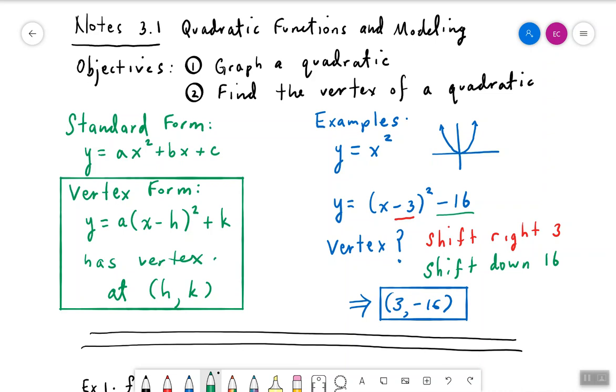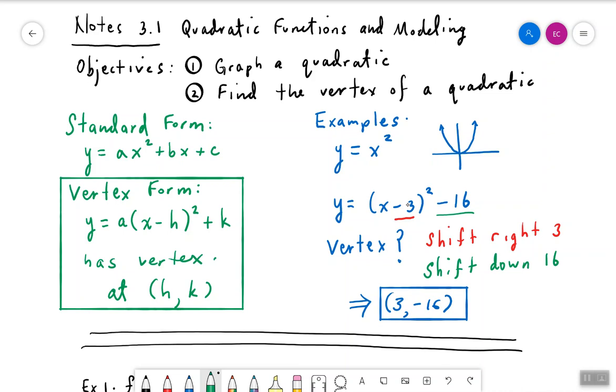Does that look okay? The plus k is a vertical shift. If k is positive, we're going up. If k is negative, we're going down. So we take k and the sign in front of it. So 16 and the negative in front of it is the y coordinate. And then remember, when we're doing transformations in the horizontal direction, everything is a little bit backwards.